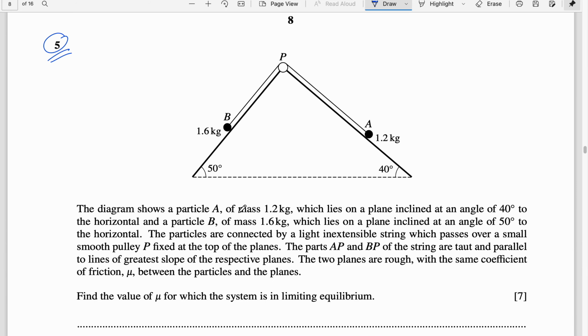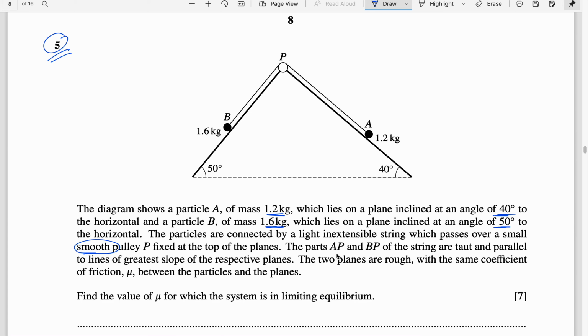The diagram shows particle A of mass 1.2 kg which lies on the plane inclined at an angle 40 degrees to the horizontal, and particle B of mass 1.6 kg which lies on the plane inclined at an angle of 50 degrees to the horizontal. The particles are connected by a light inextensible string which passes over a small smooth pulley fixed at the top of the planes.